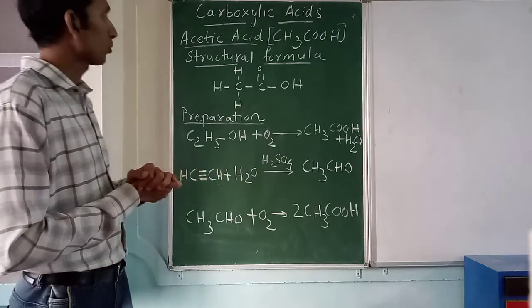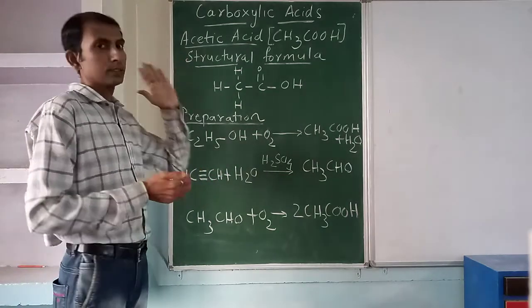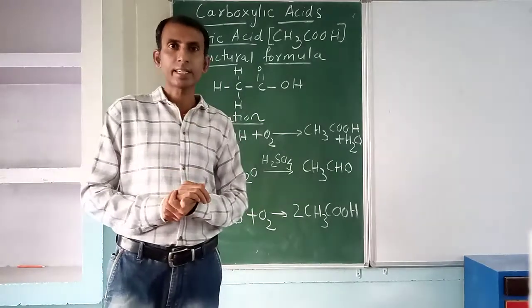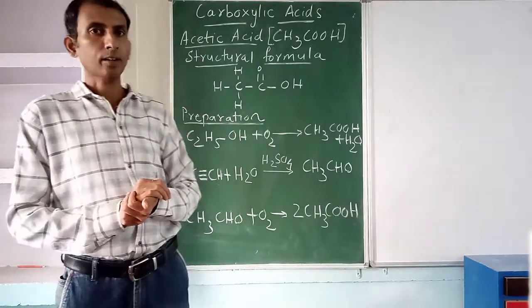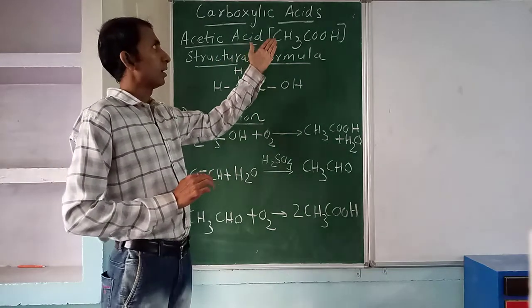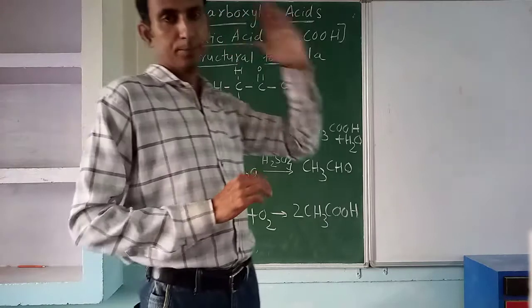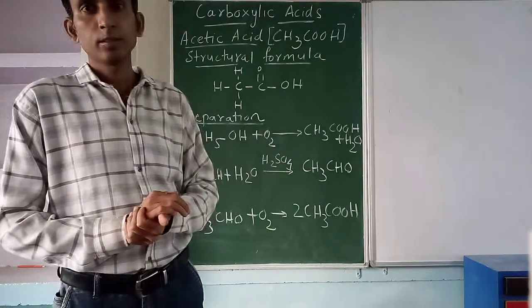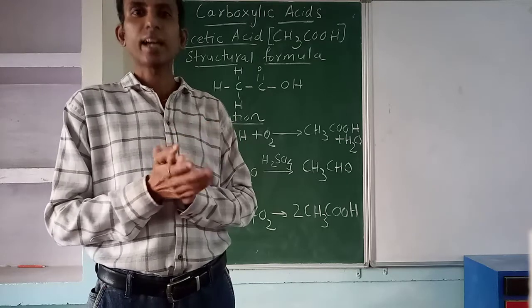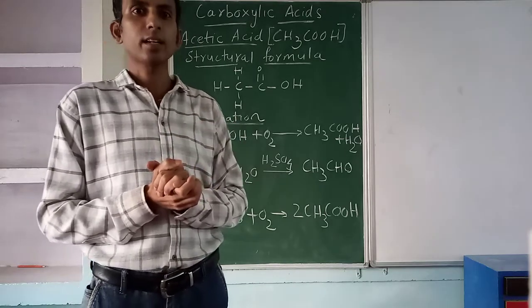So here we have today one example of carboxylic acid, that is acetic acid. Acetic acid, as you can see, molecular formula CH3COOH. So you know the IUPAC name also. It is ethanoic acid.